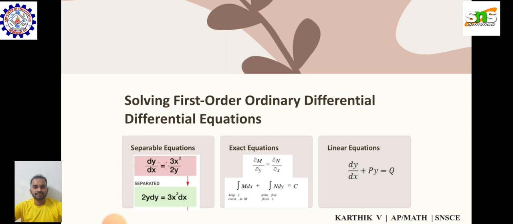Exact equations. Exact equations are a specific type of ODE that can be solved using a technique called the method of exact equations.